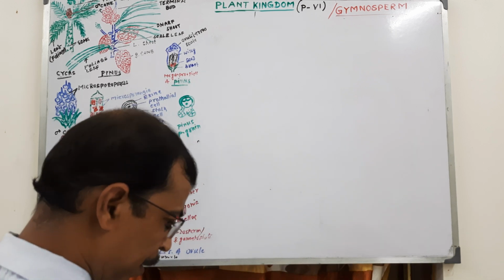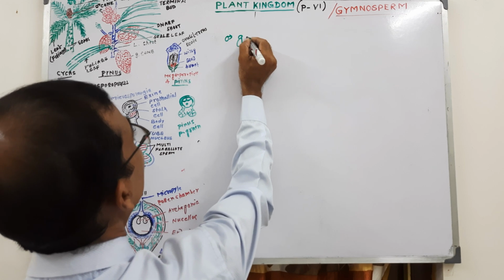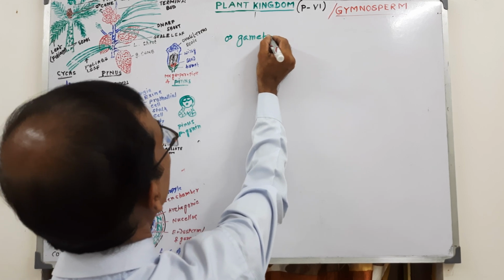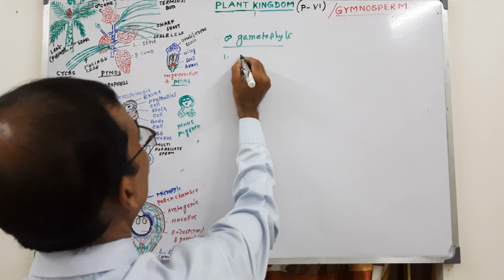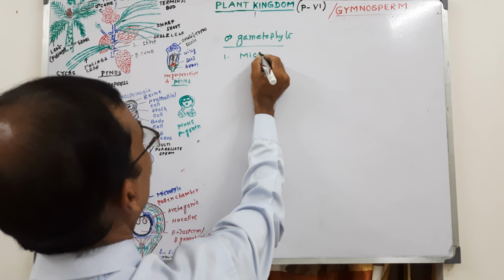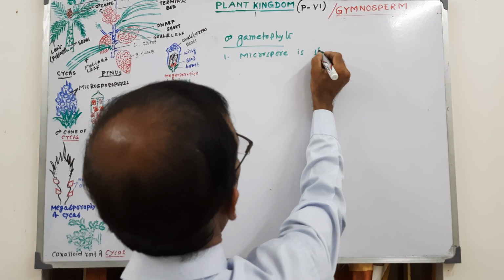Development of male gametophyte. First, the microspore is the first cell of the male gametophyte.